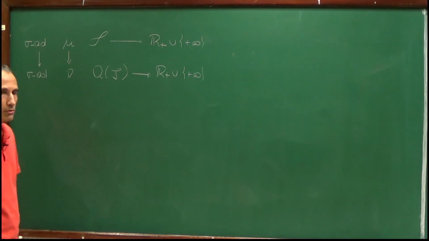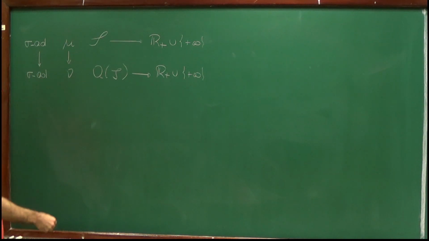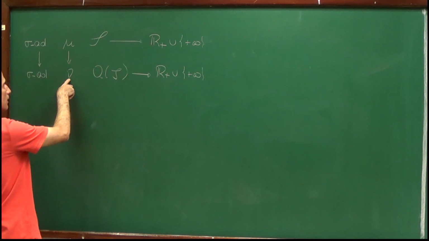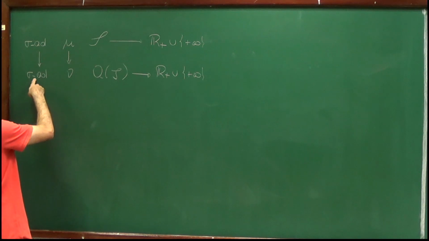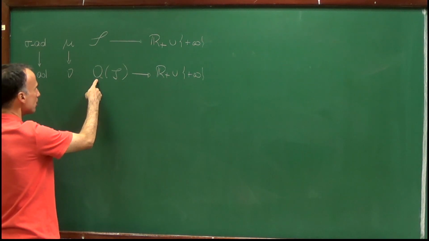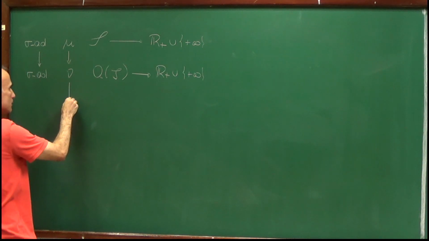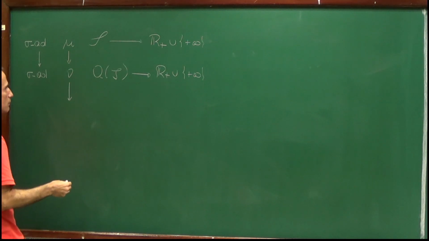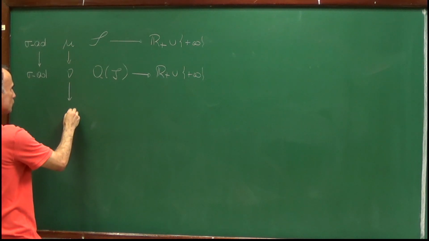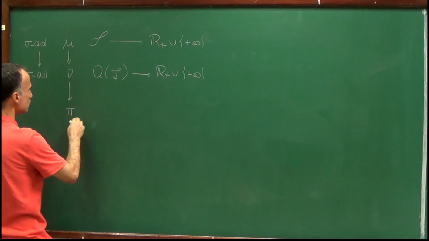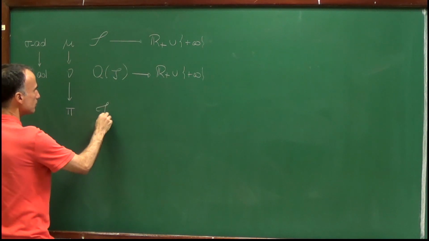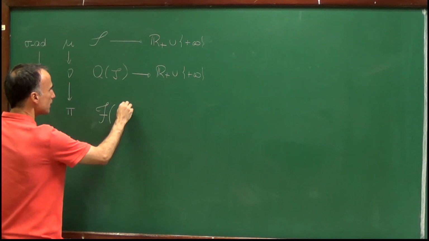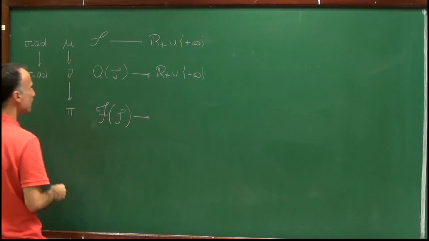So the goal of today's lecture is to show that once we have a function which is sigma additive defined on an algebra, we can extend it in a unique way under certain conditions to a measure, so a function which is defined on the sigma algebra generated by the semi-algebra in a unique way.